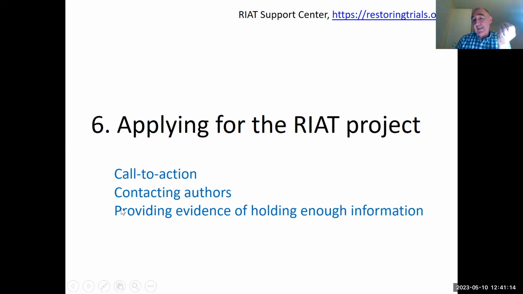Then you have to contact authors at least 3 times. And if they don't reply to you, or they don't really want to restore the information, then you have the right to go through it and restore the trial. And third, you have to provide evidence that you hold enough information to do your job and restore the trial. And if all this is fulfilled, then you can apply for this.